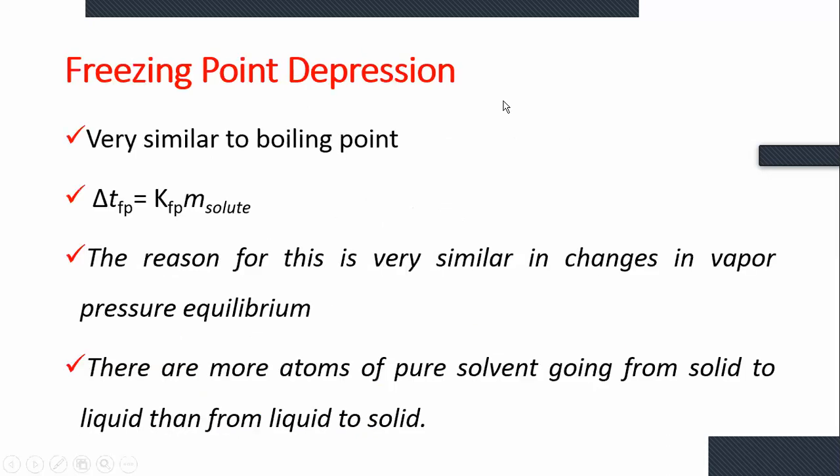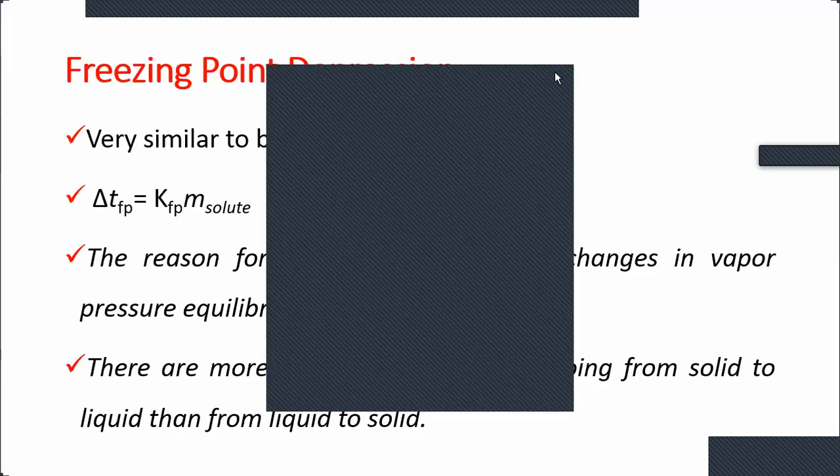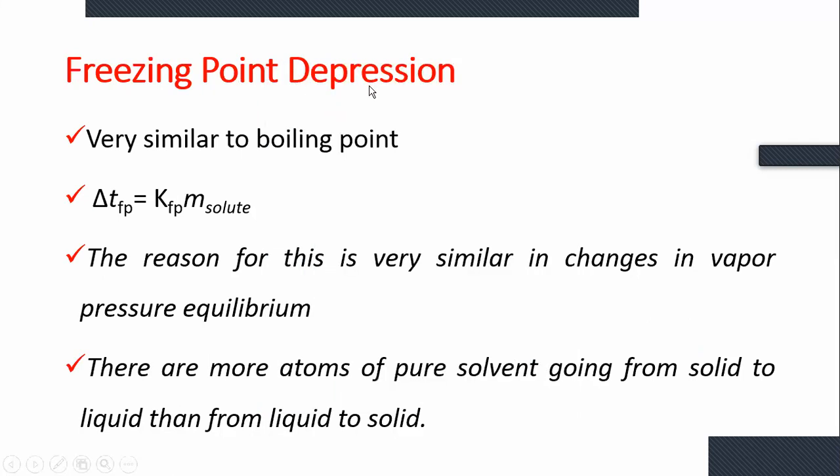For the freezing point depression, it is very similar to the boiling point. Again, the change in the freezing point is equal to the freezing point constant multiplied by the molality of the solute.